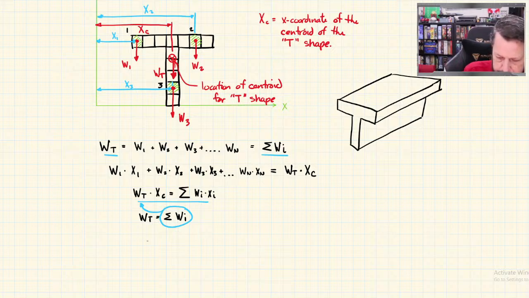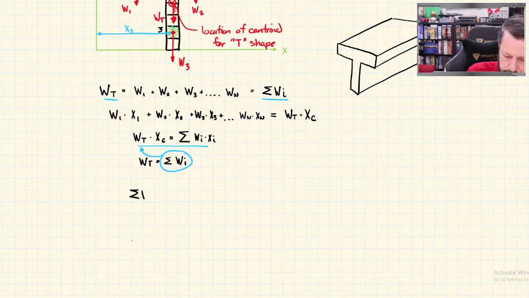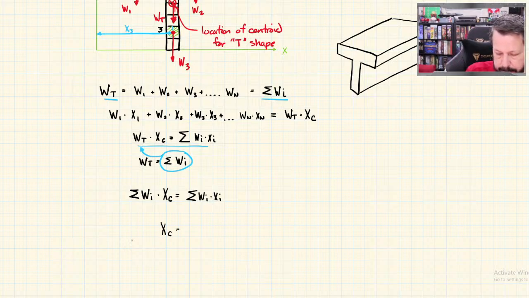We might have to get some more room on our page. I have summation of W sub I times x sub c equals summation of wi times xi. Okay, and I could then isolate x sub c, and I have an equation for finding that value. X sub c equals the summation of wi times x sub I over summation of wi.